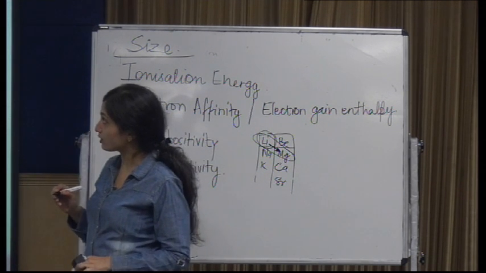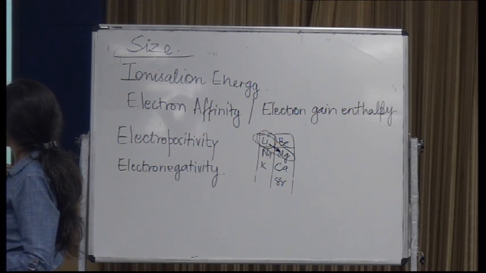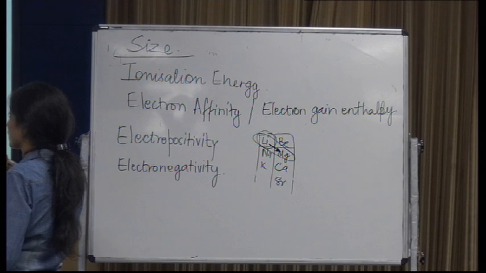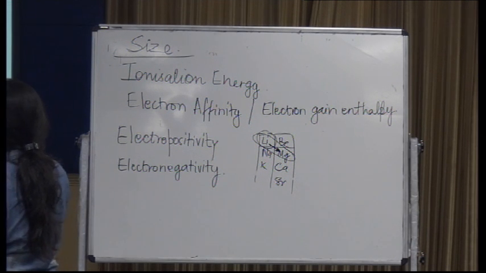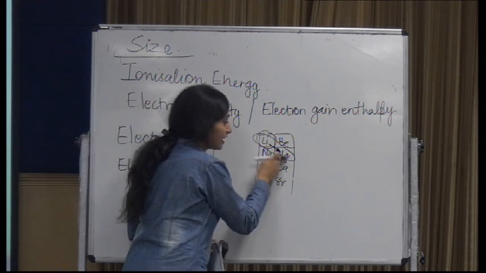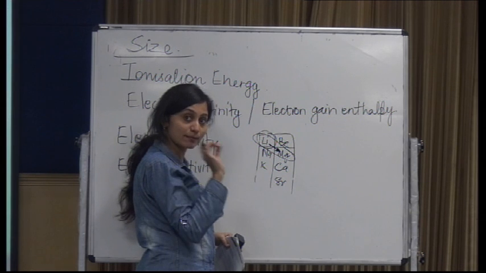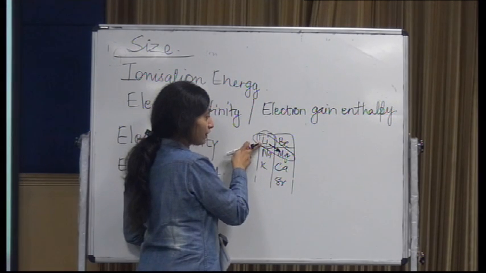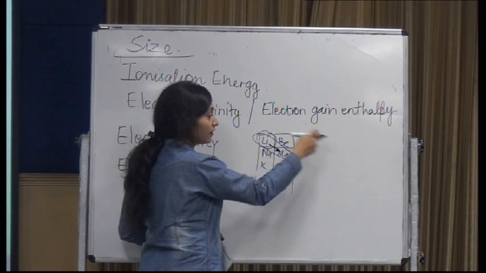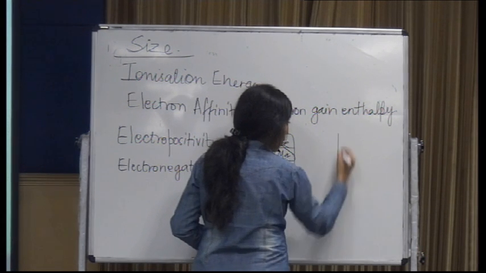The next doubt that we have was: in second and third group, are properties of elements more similar with the diagonal element or with the element after them in that group? No, it is only between these two. Diagonal relationship means that we are talking about the similar properties of the first element, that means of lithium with magnesium, of beryllium with aluminium.